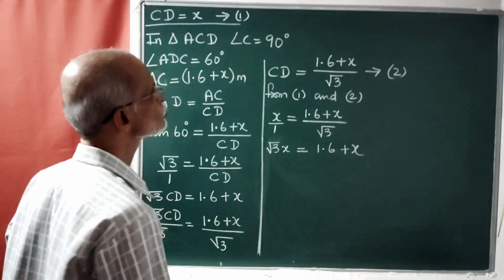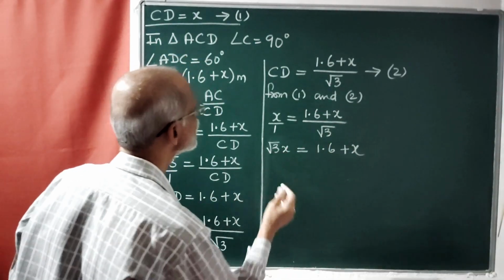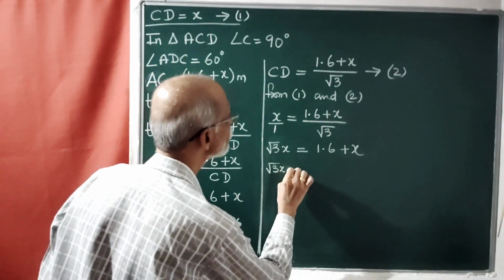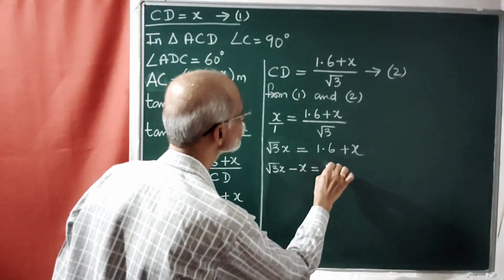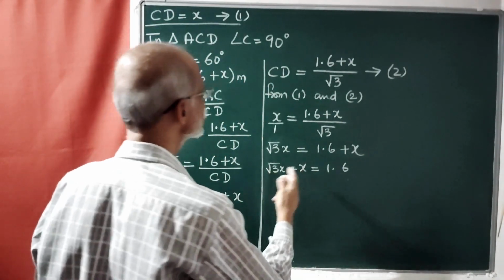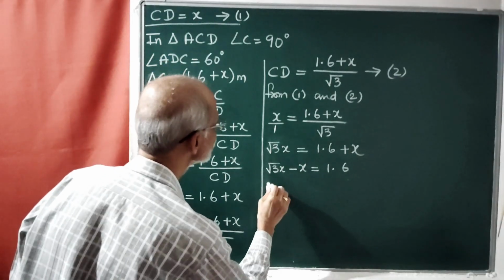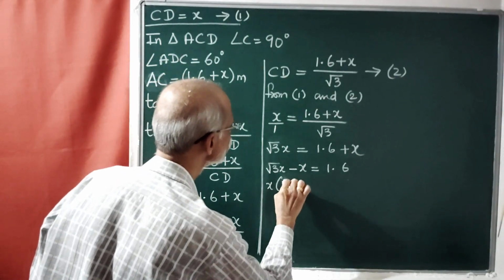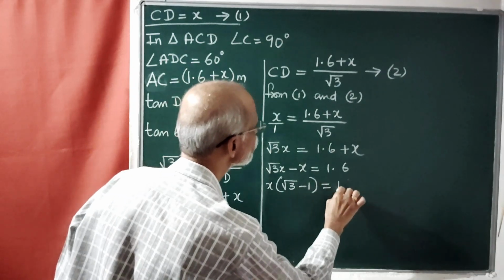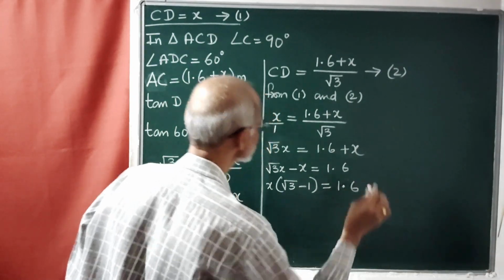Now transpose x to the left side. Root 3 x minus x is equal to 1.6. Taking x as the common factor, x into root 3 minus 1 is equal to 1.6.